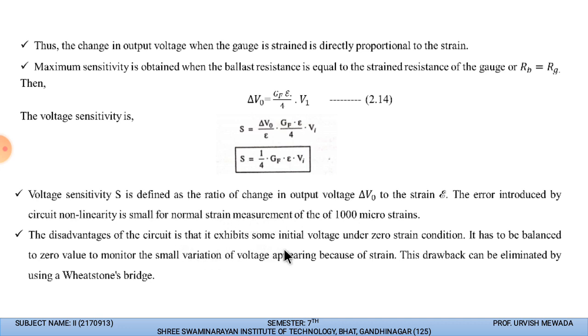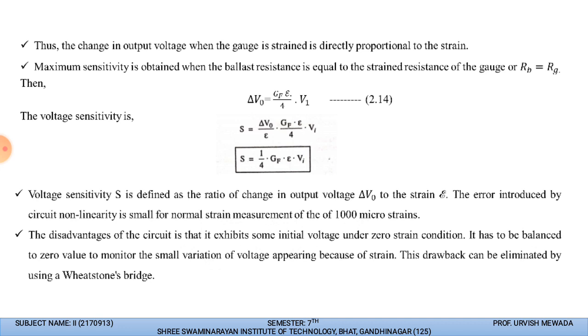And the disadvantage of the circuit is that it exhibits some initial voltage. Whenever the stress is not applied on this strain gauge, this circuit will show some output voltage. So we need to calibrate this gauge before using. We have to minimize that additional voltage that is shown when we switch on the circuit.